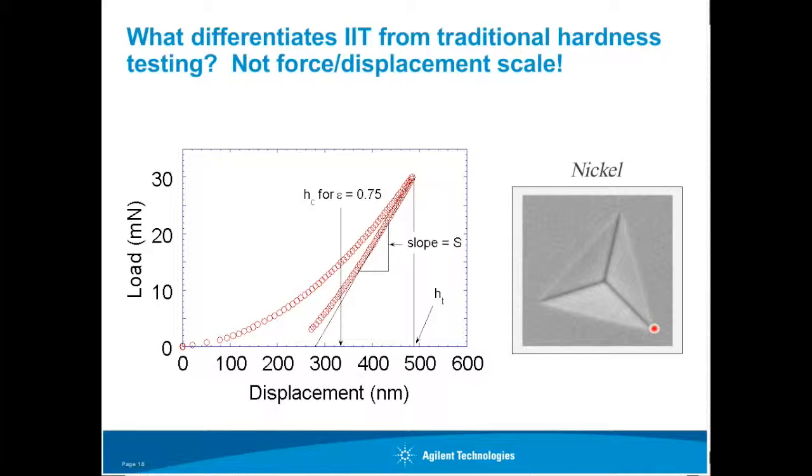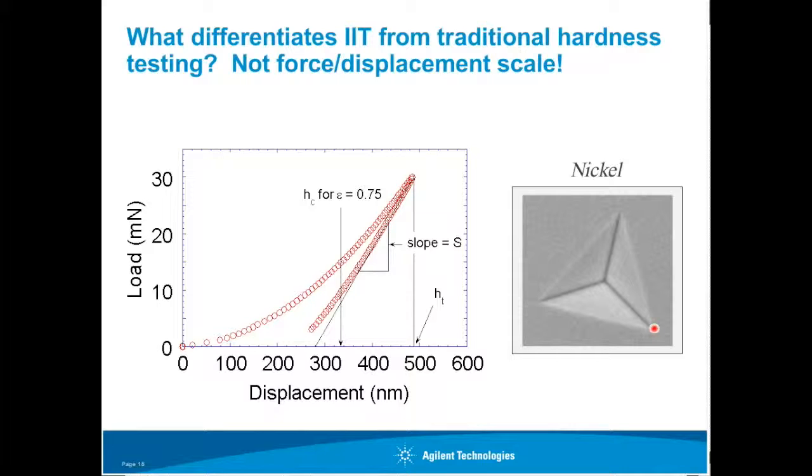Not only is that simpler from an experimental standpoint, it also facilitates doing really, really small tests, because you don't have to go after the fact, find the indent, and come up with some reliable way of measuring the contact area. That's the first major benefit of continuous acquisition of force and displacement data.